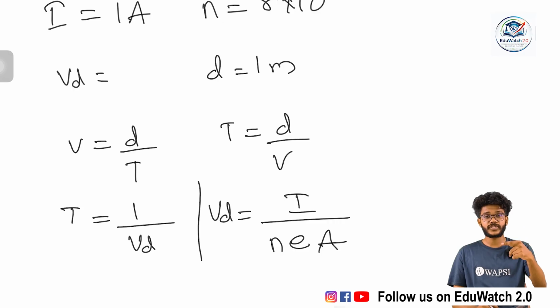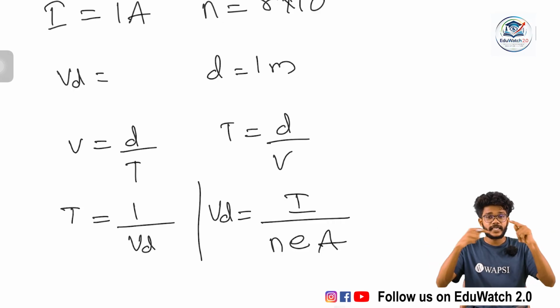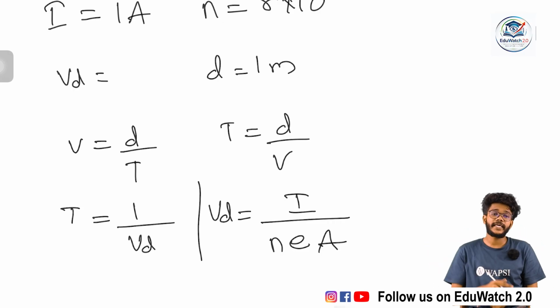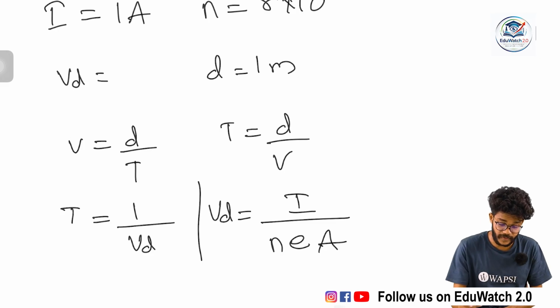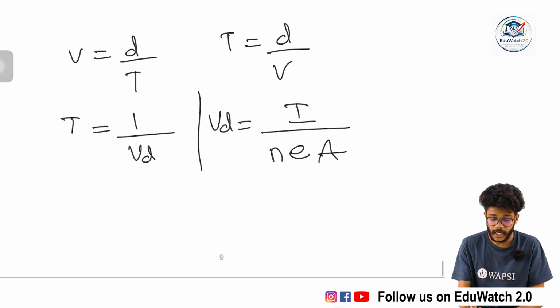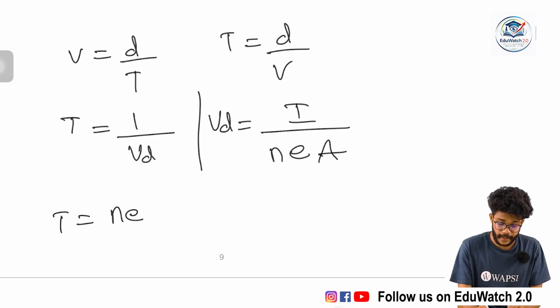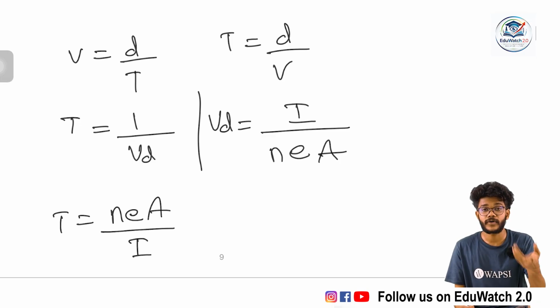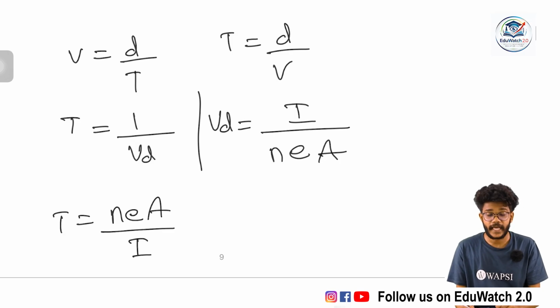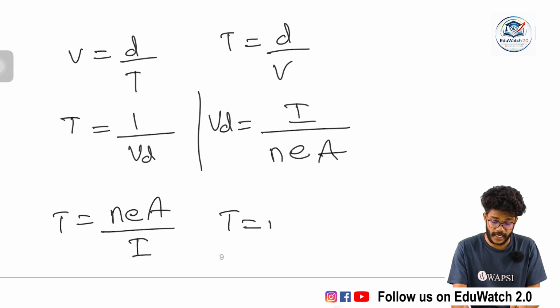If this is a wire, it has a cross section, and area is given, and I is the current. Substituting the drift velocity into the earlier equation, time is equal to NEA by I, just reciprocating these quantities, and I is 1 ampere which is given. So T is equal to NEA.